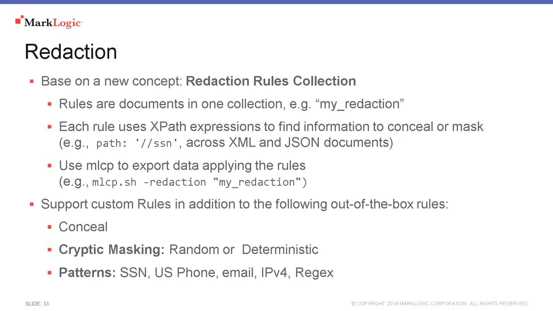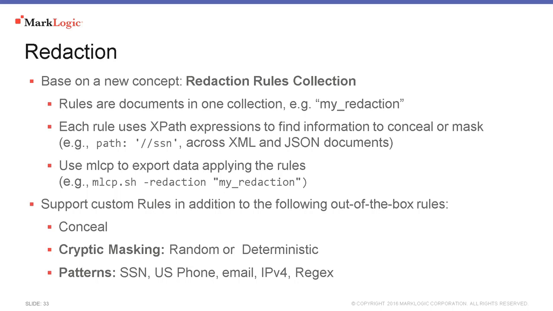Let's say for developers, you want to mask data. For sending data across the channel, you need to remove data because of regulation. You have different policies, and every time that you are exporting, you apply a different policy. So in my example here, I'm applying my redaction collection of policies, which are pretty much documents.